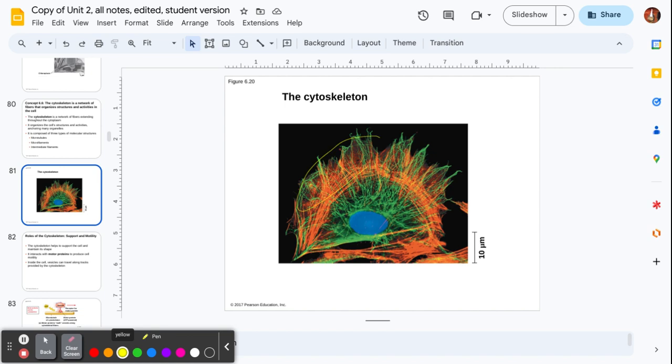So you can see here it's extending out. The cell membrane is right in here. Oh, red, that was not the best color. There are so many colors, it's hard to know what to use. How about white? Yeah, this is the cell membrane going all the way around here. It doesn't matter what color it is, but the point is that each color represents a different type of fiber.